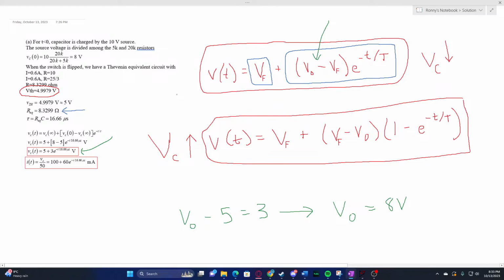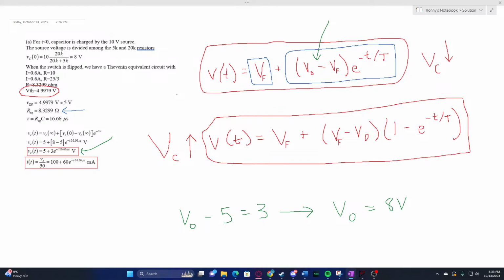When the switch is flipped, we have a Thevenin circuit with those values. Now, they say that, but let's look at the currents. I think they're trying to say that we have 0.6 amps through the 10 ohm resistor and 0.6 amps through R equals 25 divided by 3. 25 divided by 3 is 8.33.